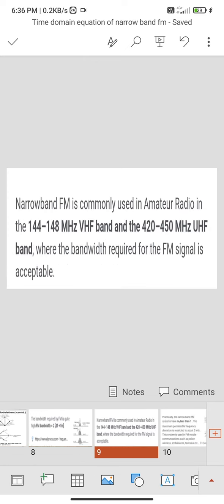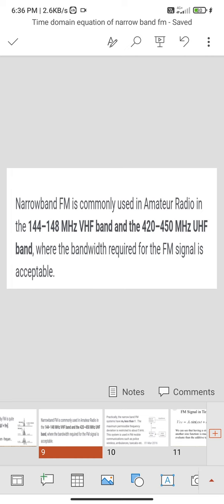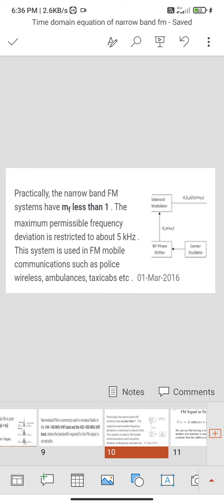Narrowband FM is commonly used in amateur radio in the 144 to 148 MHz VHF band and the 420 to 450 MHz UHF band, where the bandwidth required for the FM signal is acceptable. Practically, narrowband FM systems have modulation index less than 1. The maximum permissible frequency deviation is restricted to about 5 kHz.